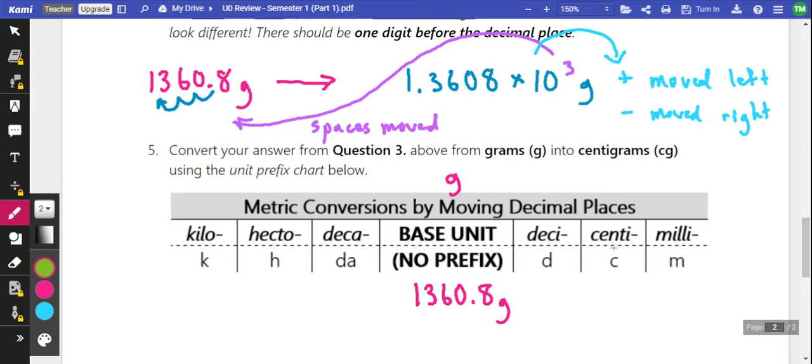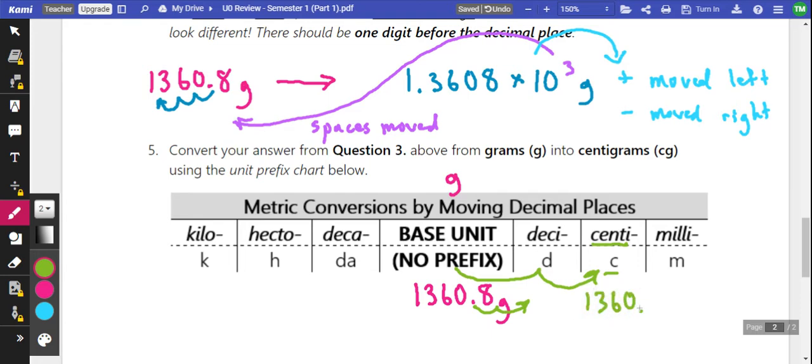In this case, we're going to centigrams, which is the letter C for its prefix that we stick in front of the G for grams. So to get from regular grams, my base unit, to centigrams, I'd be moving 2 spots to the right. My decimal point does the same thing. So it's going to go past this 8, past this 0, which we don't see yet, but we can just place there.